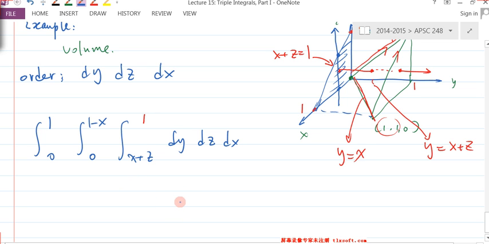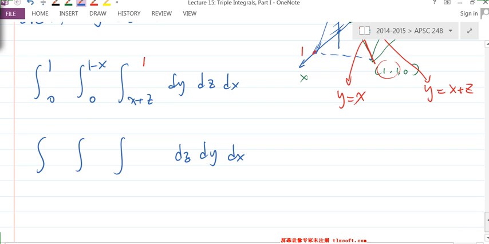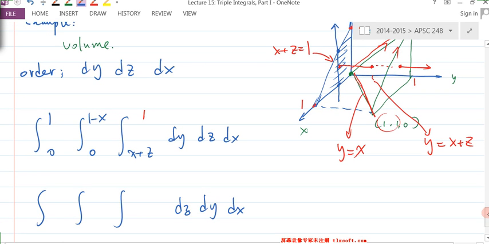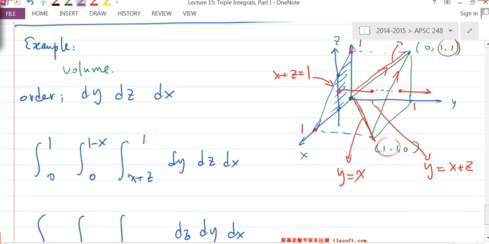The order is dz, dy, and dx. Let's just try this one. So dz first, then dy, then dx. One or two minutes should be enough to get those limits.